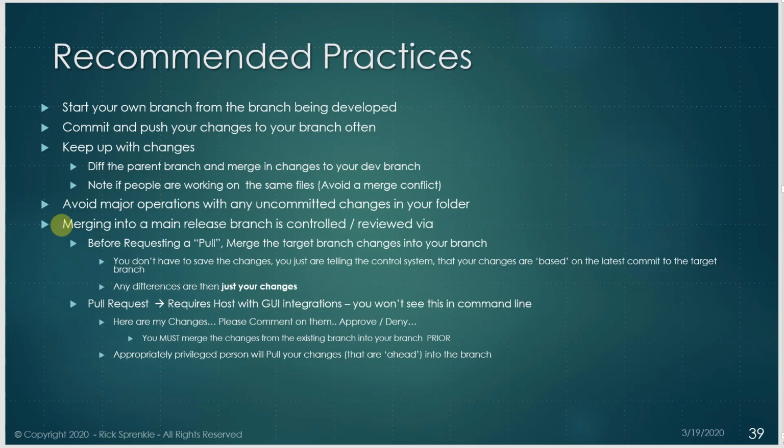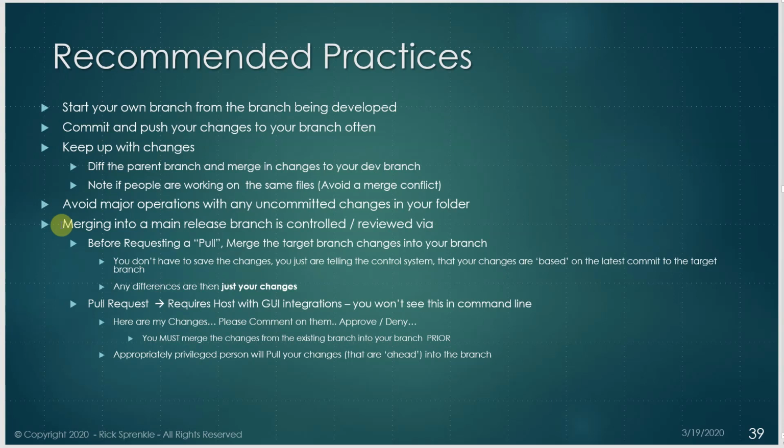So that requires you to do what you were doing before, which is you look at the main branch, you merge any of the changes from the main branch into your branch, and then once you resolve those, the status of your pull request will be merge allowed because there's no conflicts, and then you can keep requesting the pull request. One thing that people should remember too is that when you take the files from the main branch and merge them into yours, it does not mean you're replacing them.